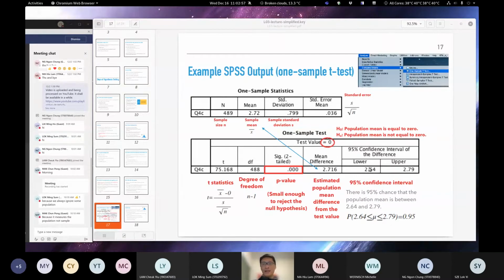This value is actually not the population mean itself, but the population mean minus the test value. But in this case, the test value is 0, so it doesn't matter. So here I'm saying that the population mean is somewhere between 2.64 and 2.79.